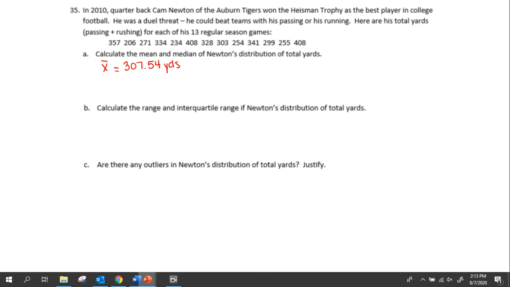His median is 303. His range would be 408 minus 206, which is 202 yards.